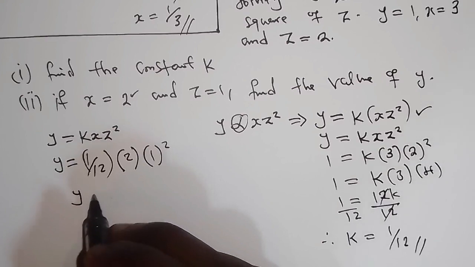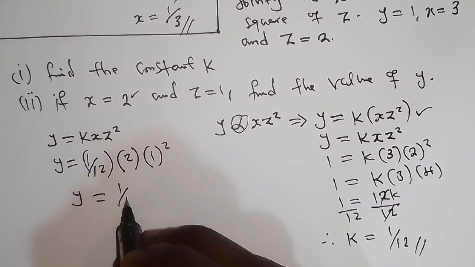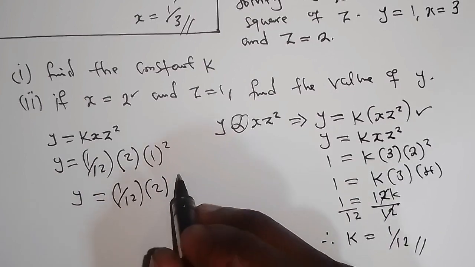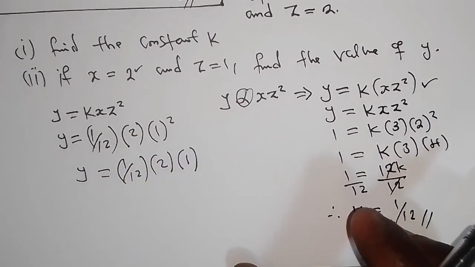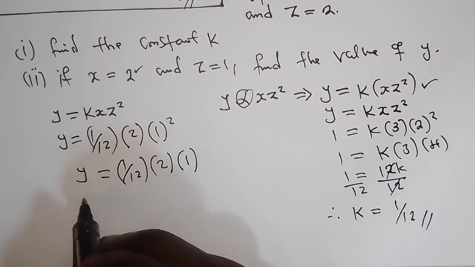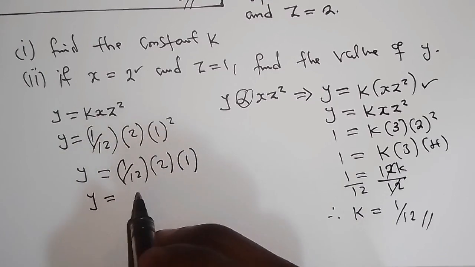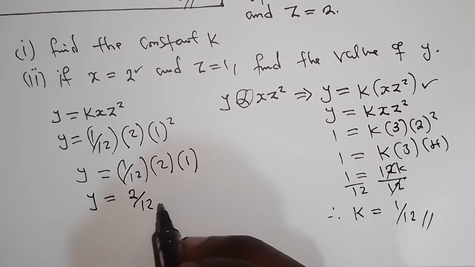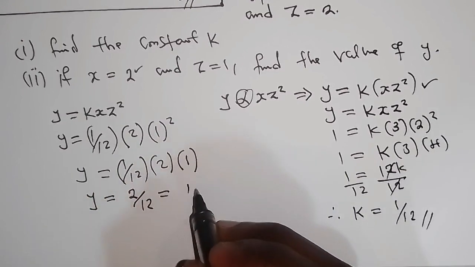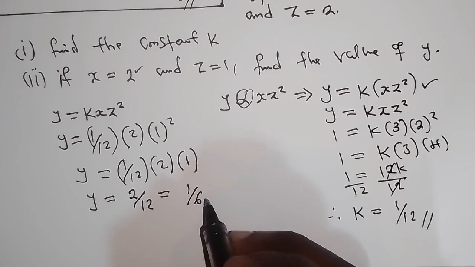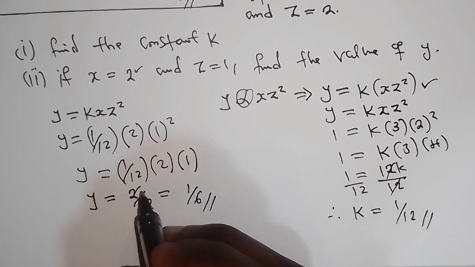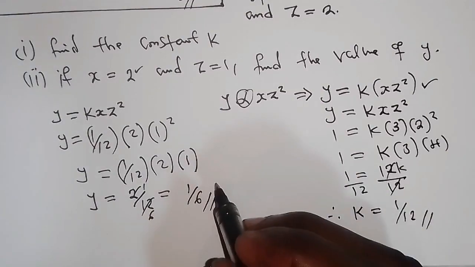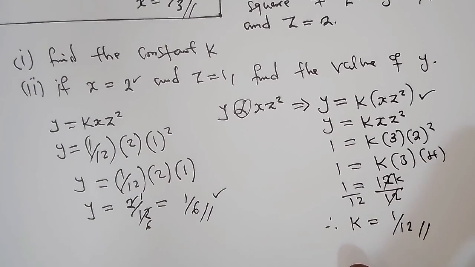So y is 1 over 12 multiplied by 2, multiplied by 1. Then y equals 2 over 12, which is just 1 over 6. Okay, so that's how you can go about finding that.